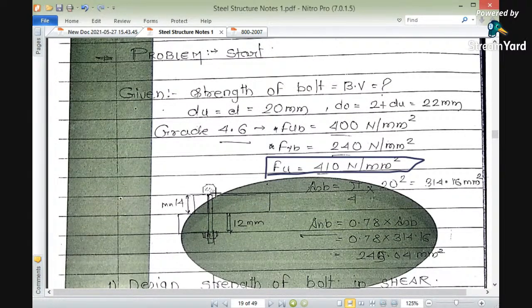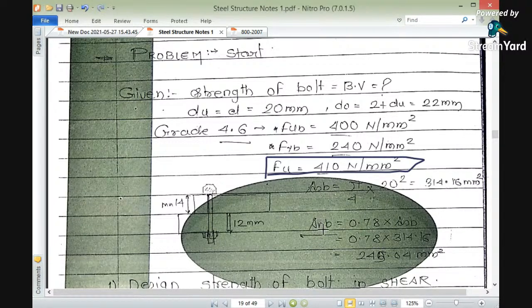So there are two plates, a 14 mm plate and a 12 mm plate, with one bolt of 20 mm size attached. The area of the shank portion is pi by 4 d squared, with d the diameter of the bolt, so pi by 4 times 20 squared comes to 314.16 mm square.